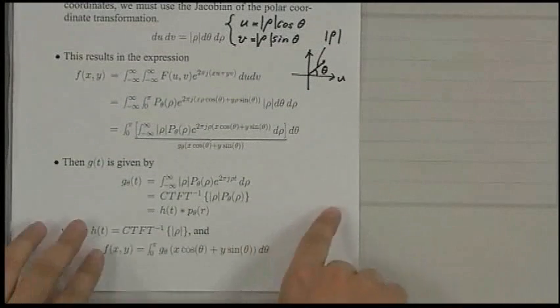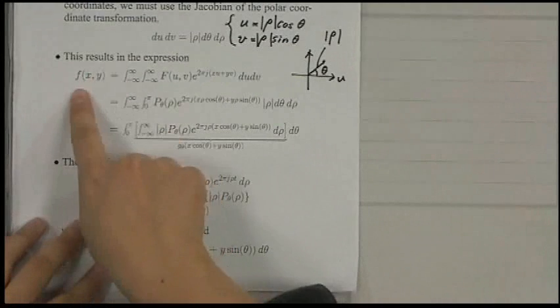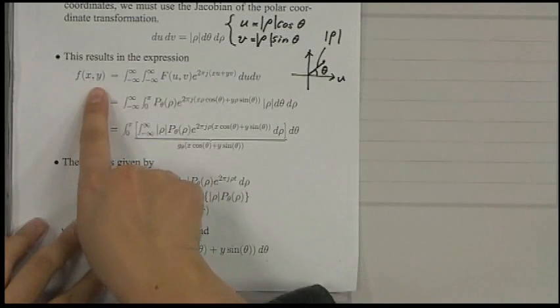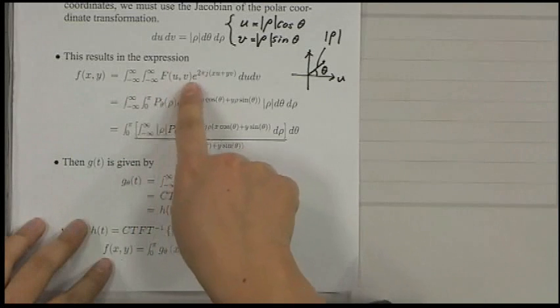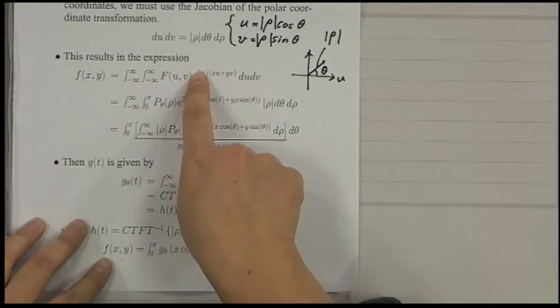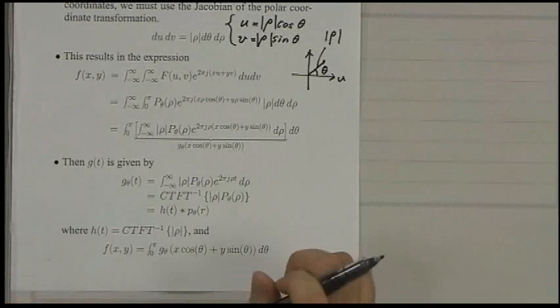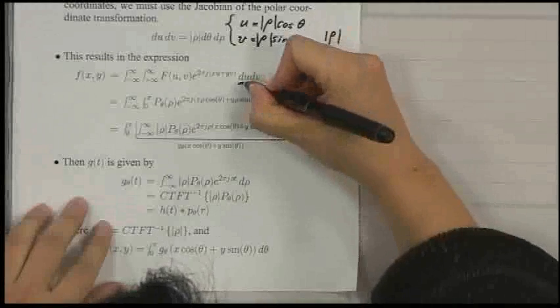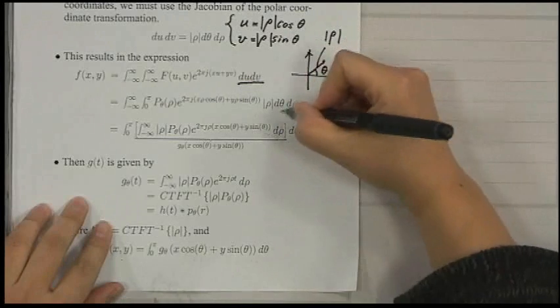And then what we want to do is, okay, we want to find this f(x,y). We want to reconstruct f(x,y). So we take an inverse Fourier transform of this. So it's inverse, so there is no negative here. And then we just change the variable from UV to theta and rho.